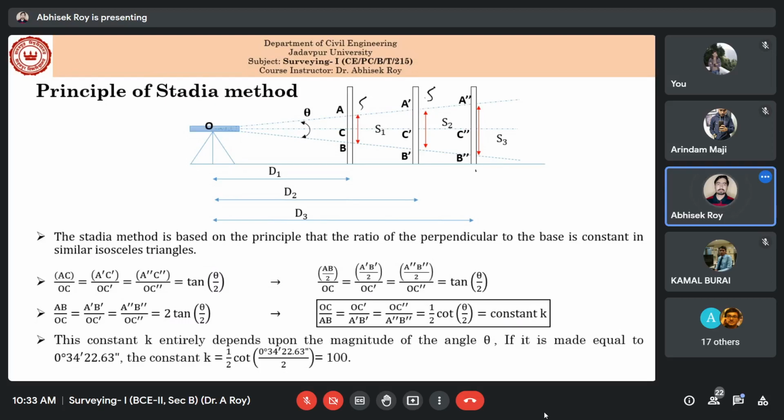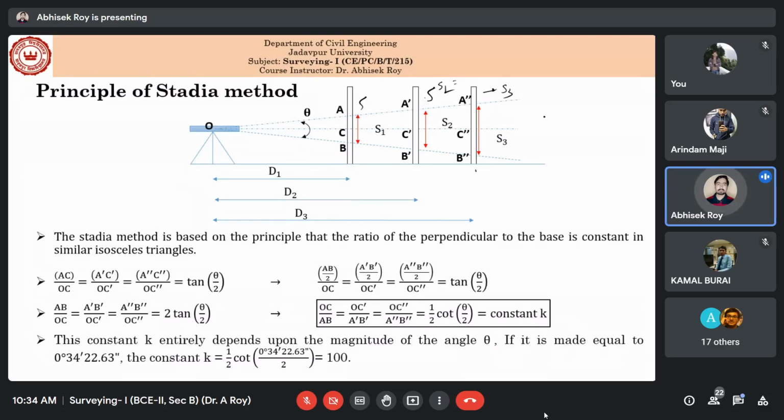Here also I can calculate the staff intercept H2, which is upper stadia minus lower stadia reading. Similarly, here I get S3, the staff intercept. Now I can simply employ the formula and calculate D. But where this formula comes from will be discussed first.